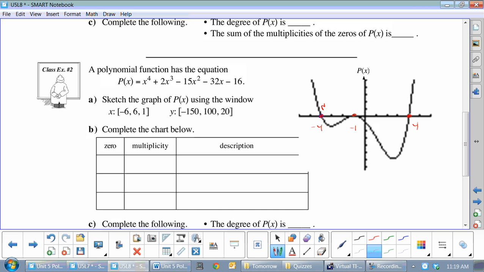So this would be a mult of 1. At negative 1 would be a multiplicity of 2 or 3? 2. And the one at 4 would be multiplicity of 1.